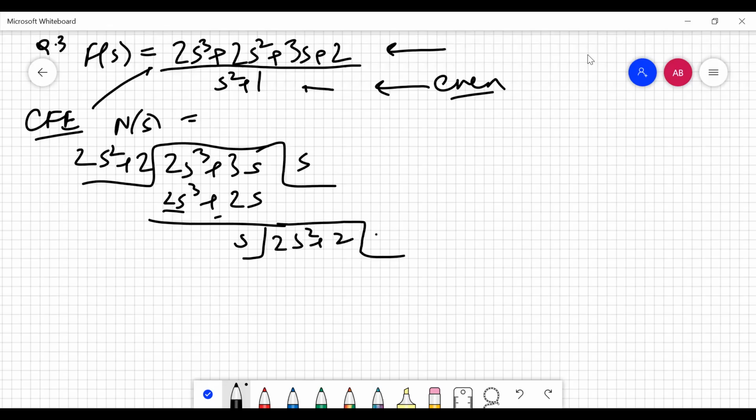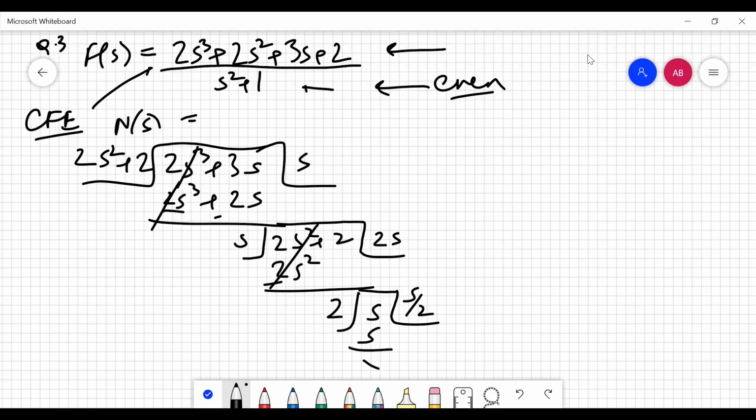Now you need to multiply it with 2s to get this first term eliminated. Now you are left with 2, and it is going to divide your s. That is going to give you s by 2 here. So here you are going to get s, and here you finish your CFE. All the quotients are coming out to be positive. So that means that is a Hurwitz polynomial.